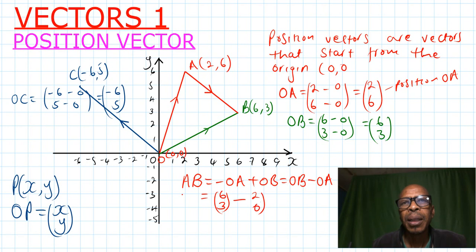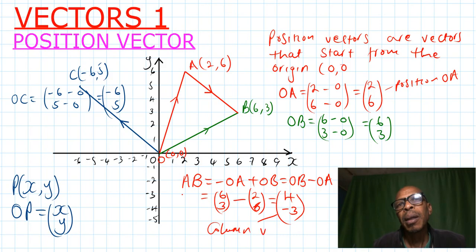Then 6 minus 2 is 4, and 3 minus 6 is minus 3. So you see now this is a column vector, and this is a position vector.